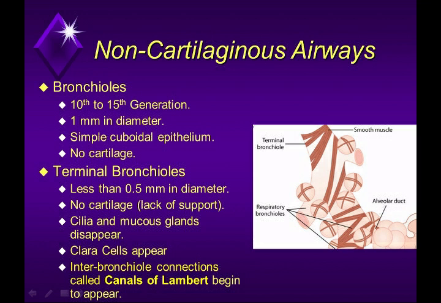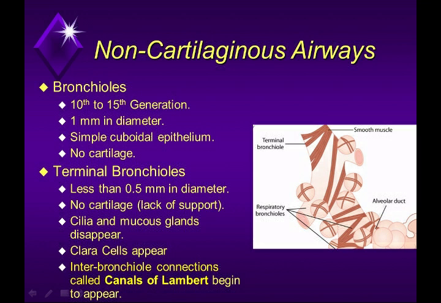And one thing that I want you to know is this concept of a canal of Lambert. These are connections between adjacent bronchioles. So let's say I'm going down my tracheobronchial tree and I get to these terminal bronchioles and this bronchiole is collapsed. Well, everything distal to that is not going to be able to be inflated, right?